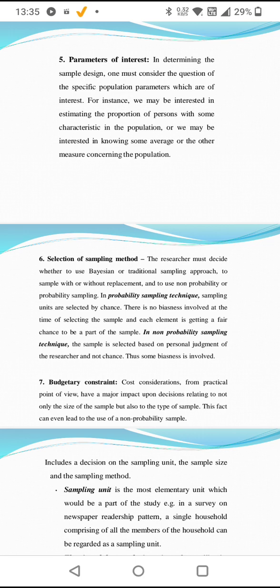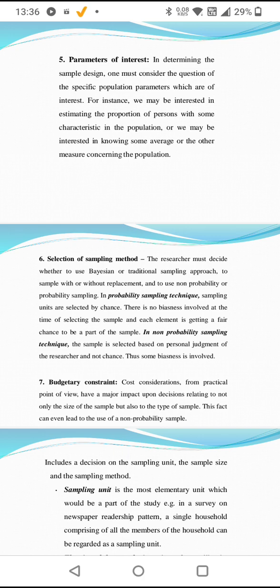There is no bias involved at the time of selecting the sample, and each element is getting a fair chance to be a part of the sample. In non-probability sampling technique, the sample is selected based on personal judgment of the researcher and not chance. So some biases may be involved in this.